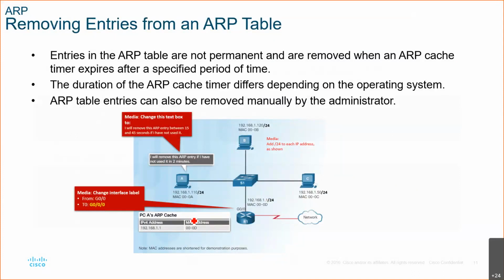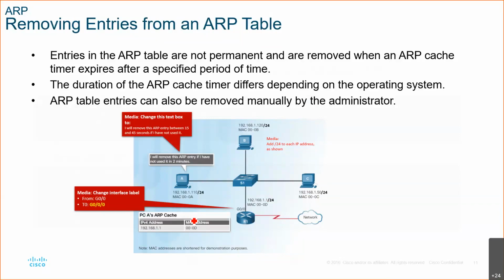The entries of your ARP table, where your IP version 4 mapping to the MAC address needs to be always updated. That table with its information, ARP cache information, comes with an expiry timer.